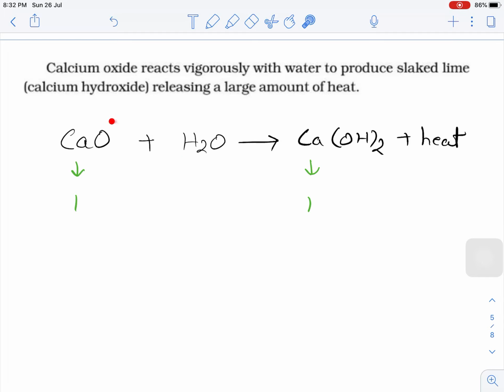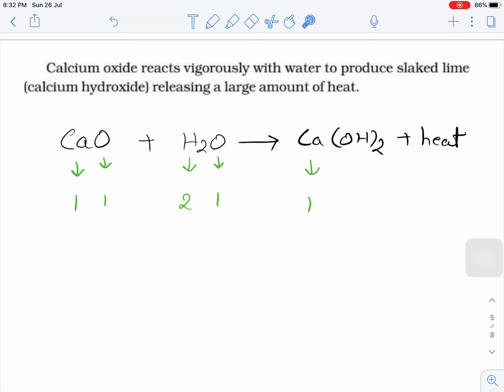Here we have 1 oxygen, and here also we have 1 oxygen. So in all there are 2 oxygens. You have to remember these things. On the LHS, we have 2 hydrogen.